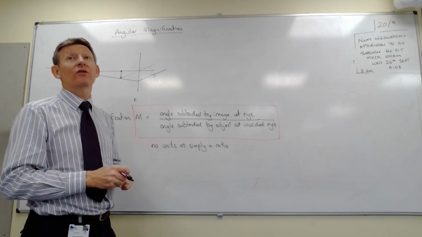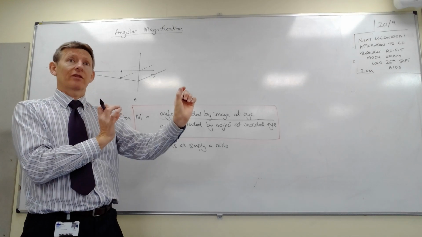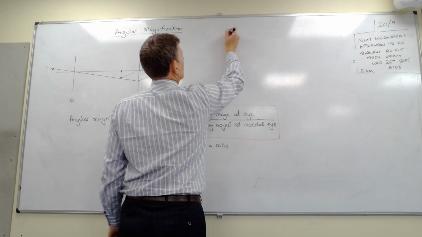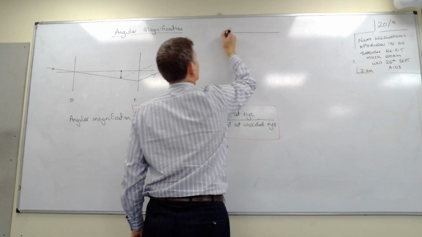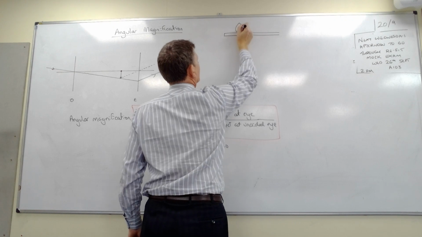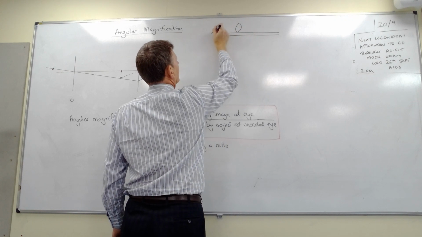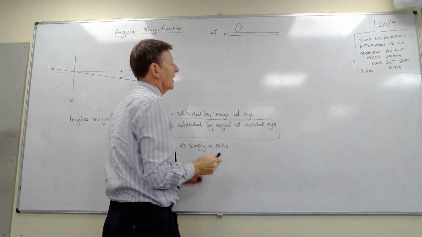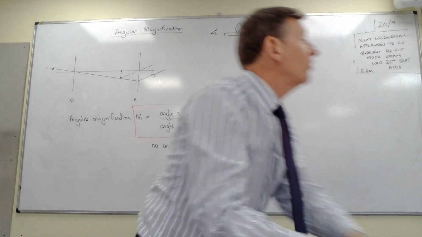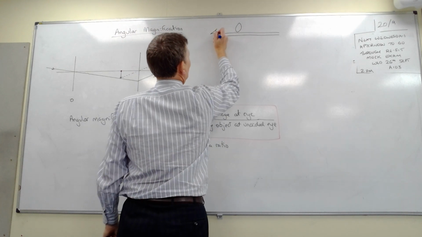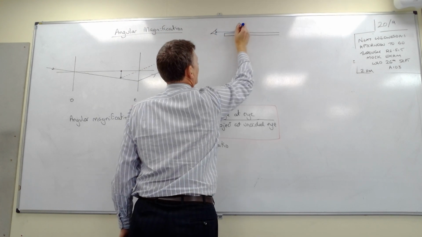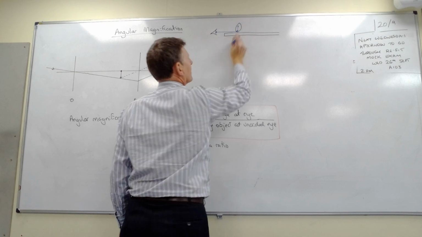So if you remember what you did on Friday when you made that telescope, I asked you to make two measurements. One was the angle subtended by the image. So if that's the ruler, and that's the lens, and that was your eye looking at the lens, then I asked you to make two measurements. One was the distance from your eye to the lens, and one was to make an estimate of the height of the image in there.